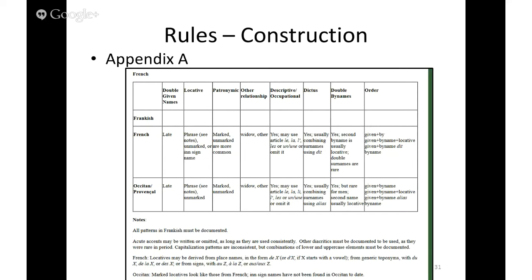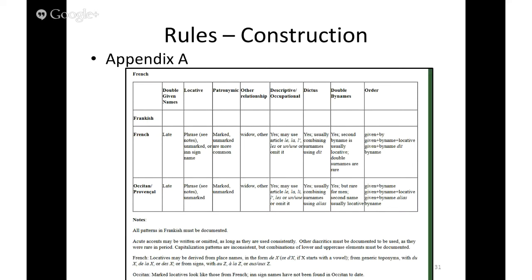Appendix A is basically just all the most common patterns that the people who were putting it together were able to get at the time. Now, some languages, the naming patterns are so complicated that they just couldn't fit into the table. Mongolian, for example, just says, see such and such article for an explanation, which has pages of explaining how to put together a Mongolian name.